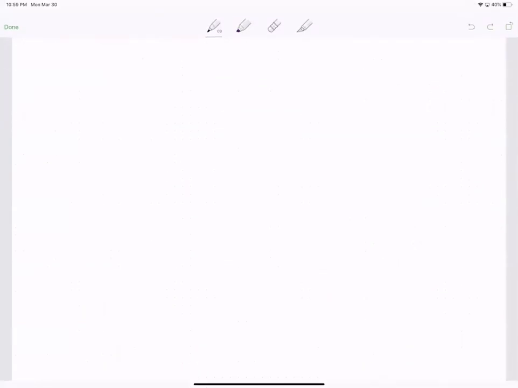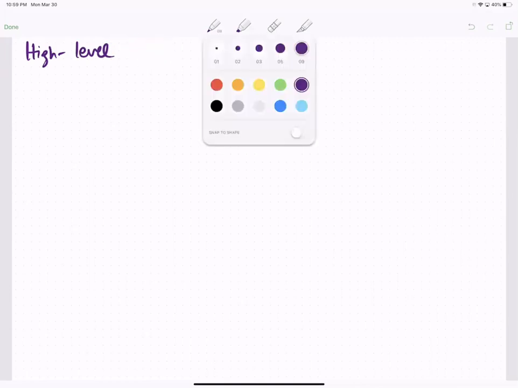Okay, so let me present some more details now. Not the idea, but actual details of the algorithm now.